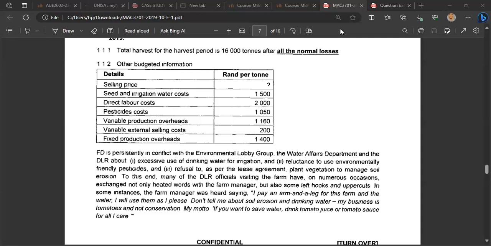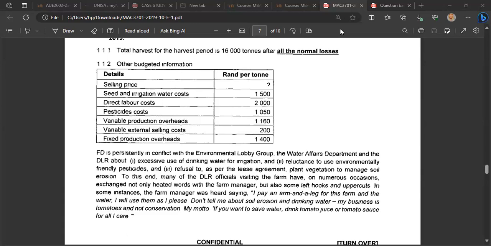And then the other one is fixed overheads. Because we have ruled these ones out, we just put them as blanks. I know you can't see my screen, but I'm just typing what you are looking at.